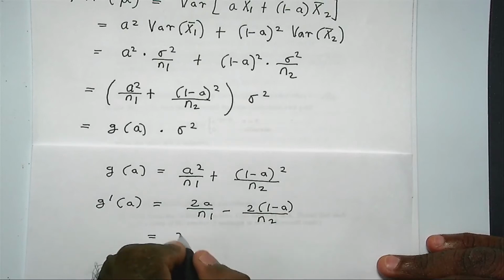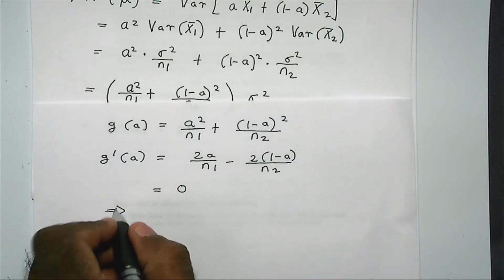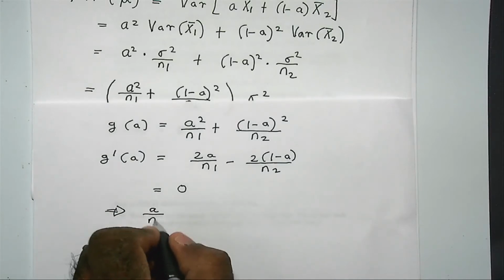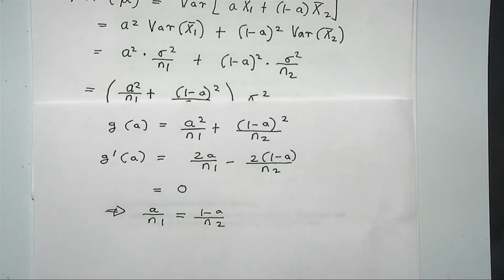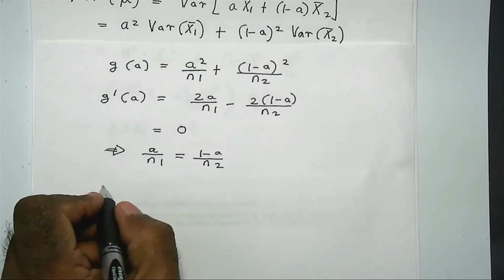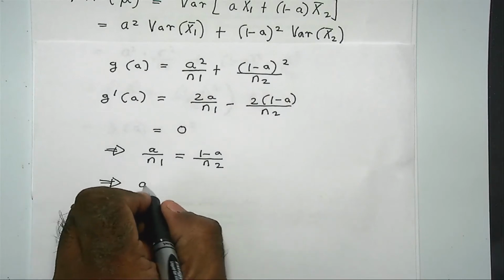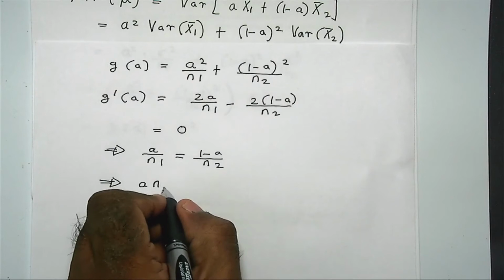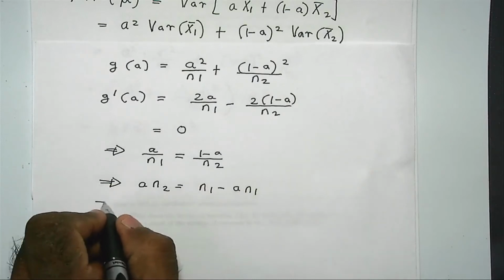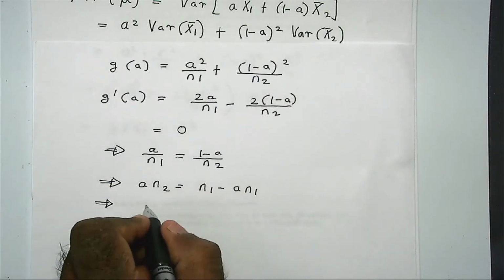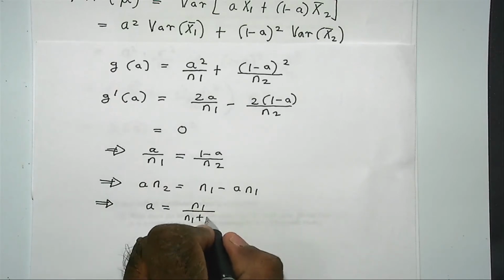You set this to 0 and solve for a. So this implies that a divided by n1 is equal to 1 minus a divided by n2. This implies that a times n2 is equal to n1 minus a times n1. So a is equal to n1 divided by n1 plus n2.